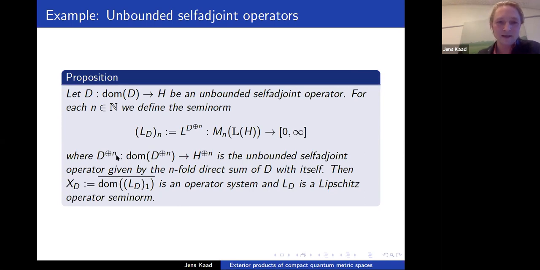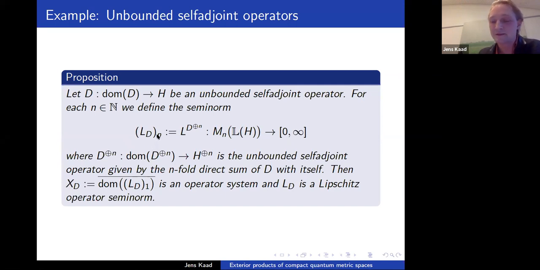Well, I just look at the n-fold direct sum of D with itself. This is again an unbounded self-adjoint operator. So using my previous construction of a seminorm, I can just repeat that for this unbounded self-adjoint operator. I get a seminorm on the bounded operators on the n-fold direct sum of H with itself, which identifies with these n-by-n matrices. Okay, that's my seminorm in degree n.